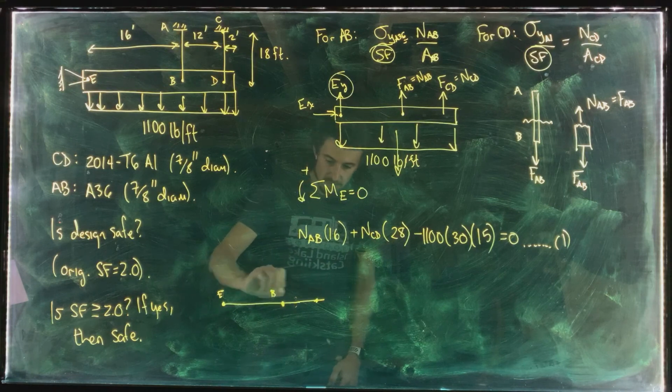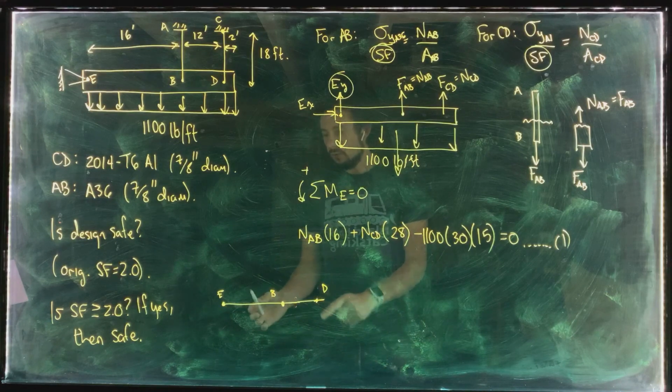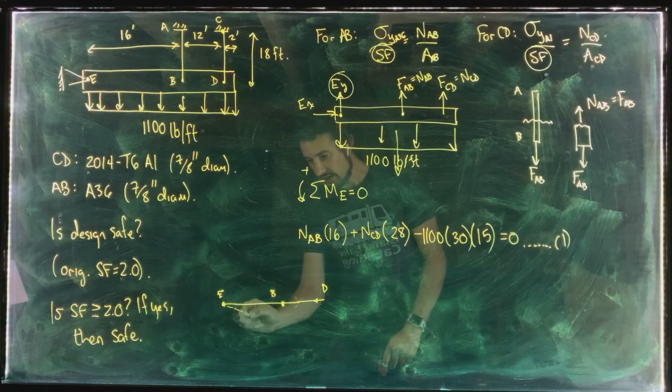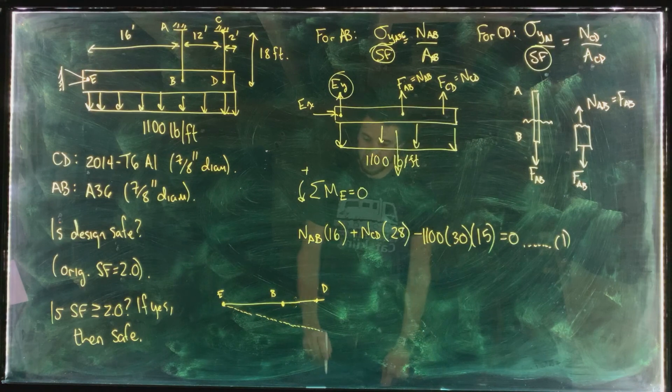We've got point B there, and we've got point D over there. When our load's applied, this bar is going to rotate about point E and be down like this.